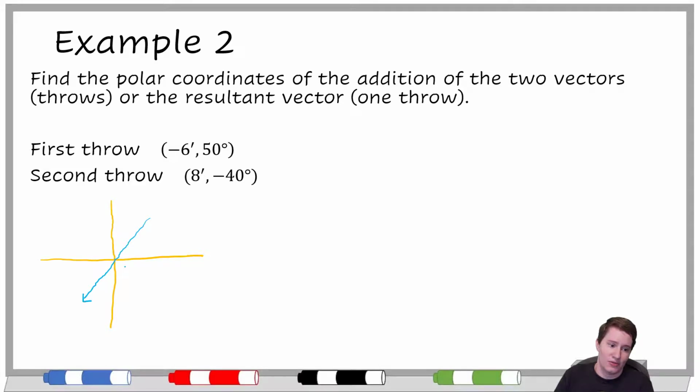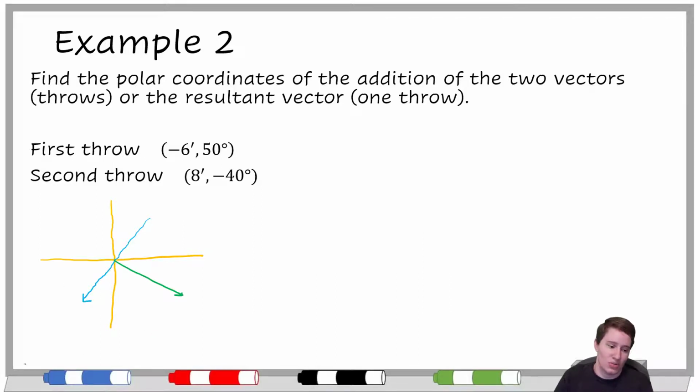And then -40 means instead of going +40, I'd go into the fourth quadrant. And I'm gonna, well, okay, that needs to be longer because 8 is longer than 6. Let me try again. So something like that, I don't know.